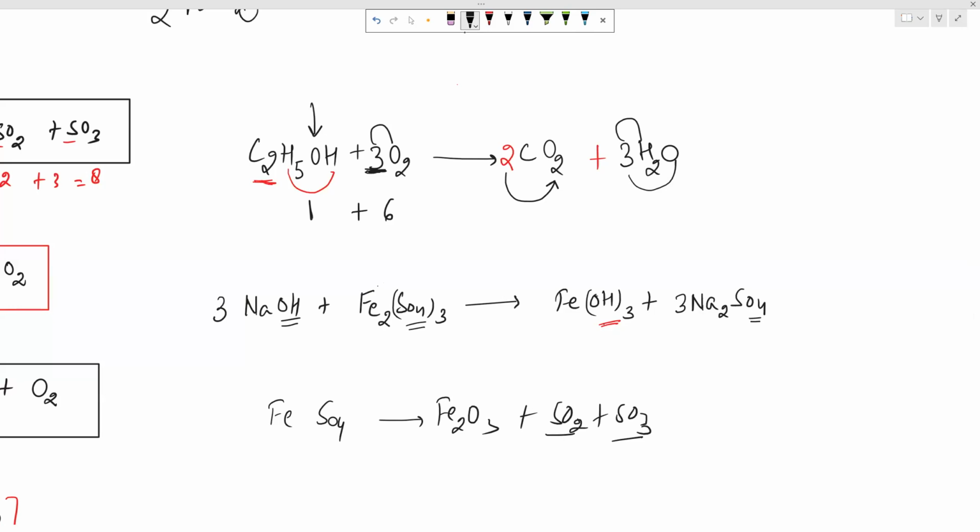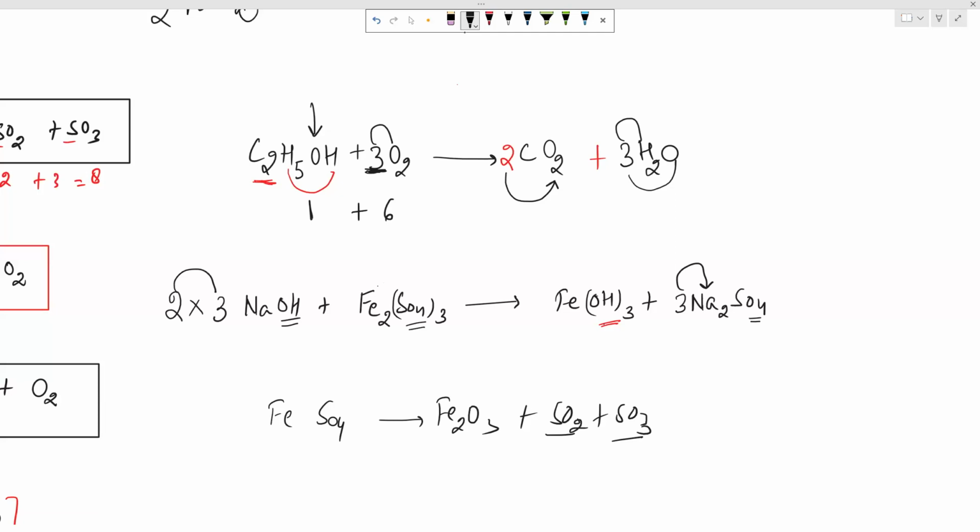Now the sulfate and OH ions are balanced. Now how many sodium has become here? 6. And how many have I written here? 3. So I should multiply this one by 2. Is that clear?